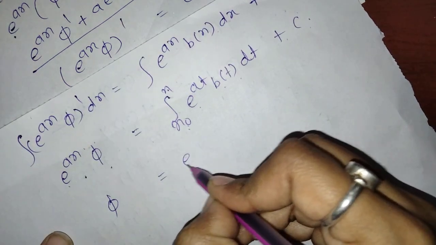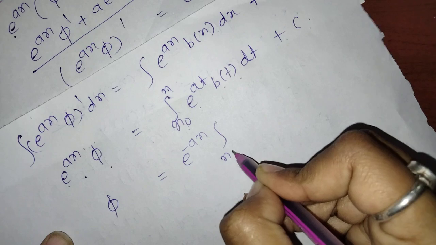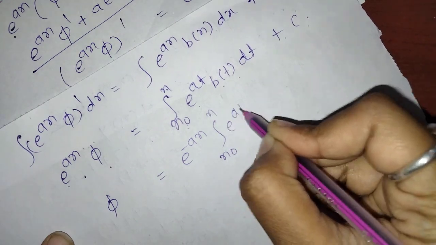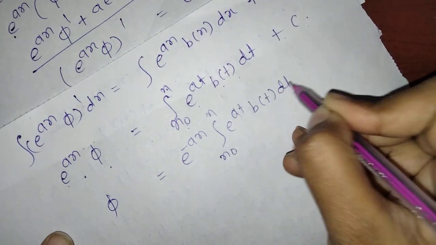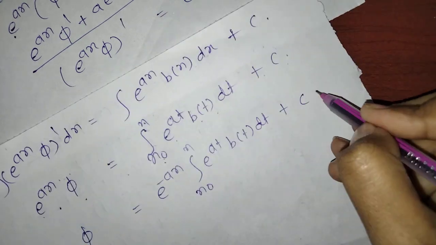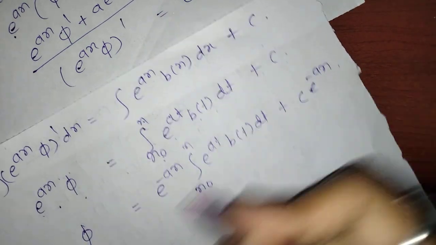So φ is equal to e^(-x) integration x0 to x e^(at) b(t) dt plus c e^(-x).